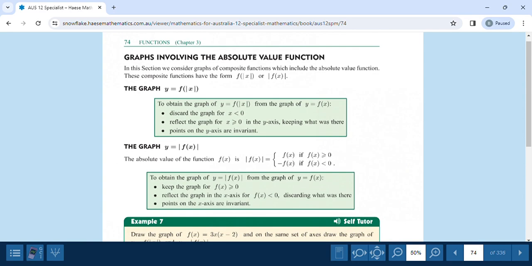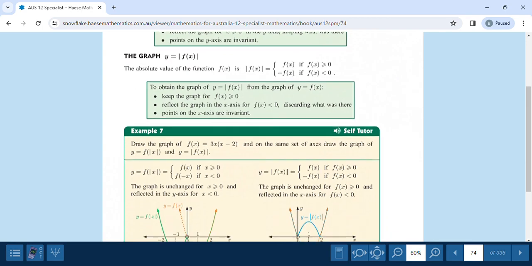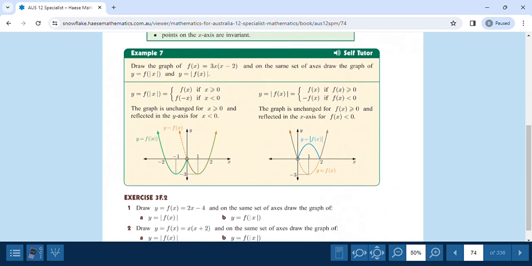Graphs involving the absolute value function. Here we've got a couple of different graphs. You've got f of x as a quadratic, 3x times x minus 2. We're looking at y equals f of the modulus of x compared to y equals the modulus of f of x. They're very different. In the first one, in a, y equals f of the modulus of x.